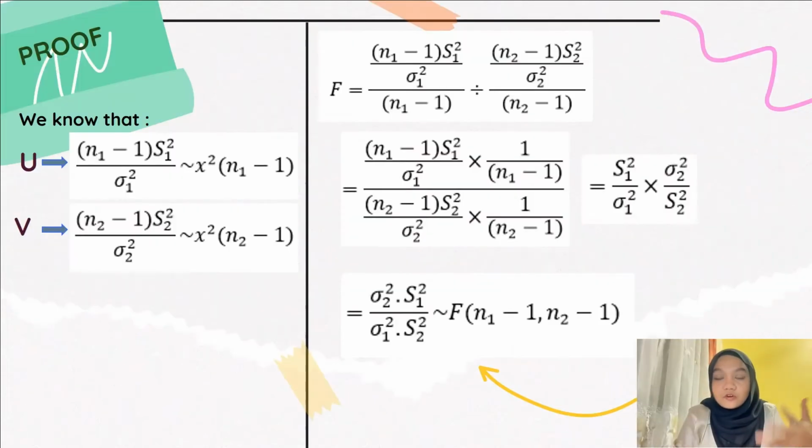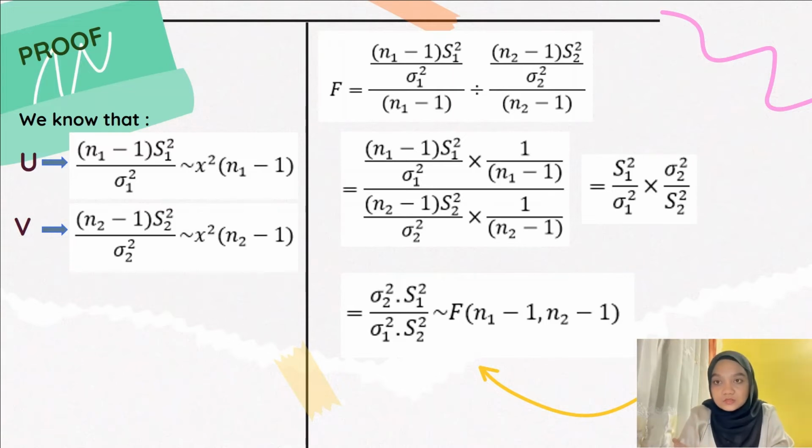To prove this, for example, there are two populations. U is the first population, with n1 minus 1 times sample variance 1 over variance 1, which follows chi-square with n1 minus 1 degrees of freedom. The second population is n2 minus 1 times sample variance 2 divided by variance 2, which follows chi-square with n2 minus 1 degrees of freedom.